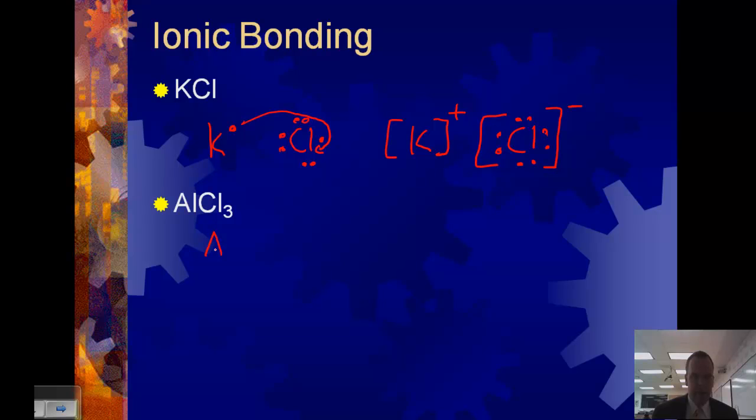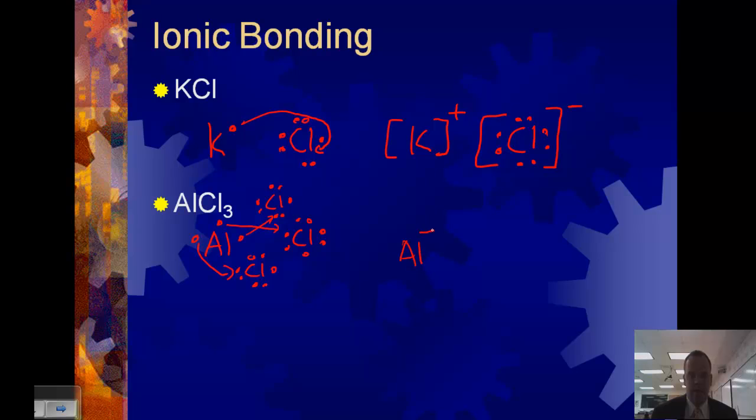AlCl3: you have aluminum with 3, and you have 3 chlorines, each with 7. So 1 aluminum electron goes to each of the 3 chlorines.